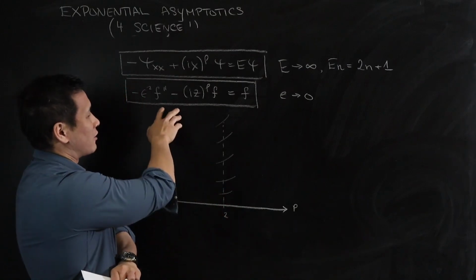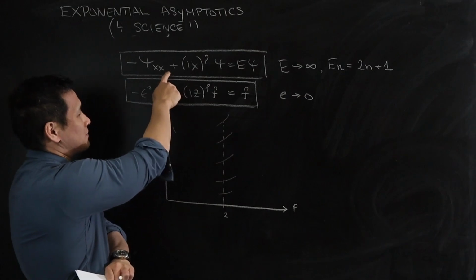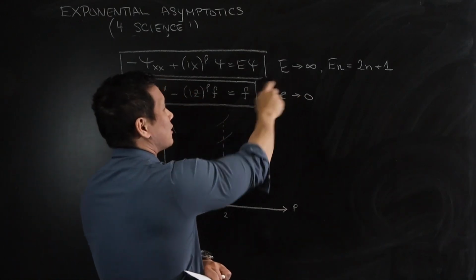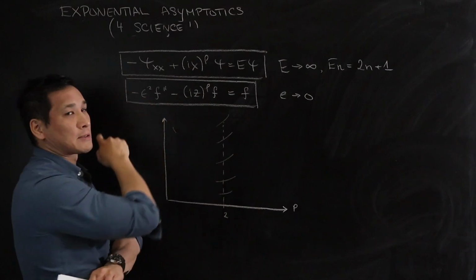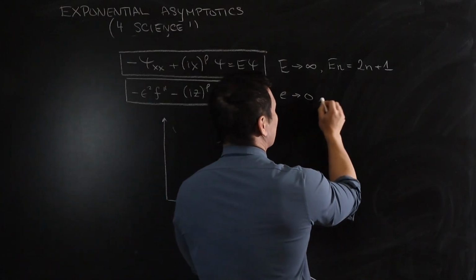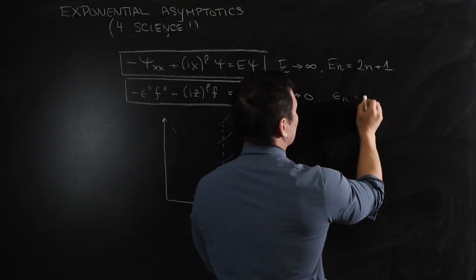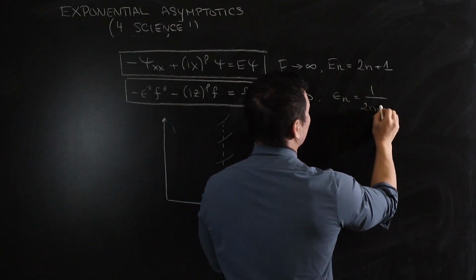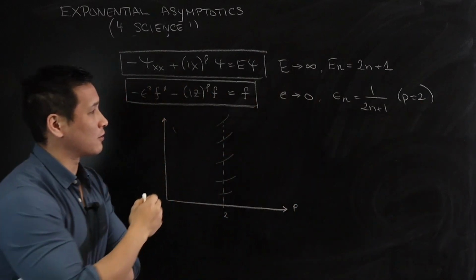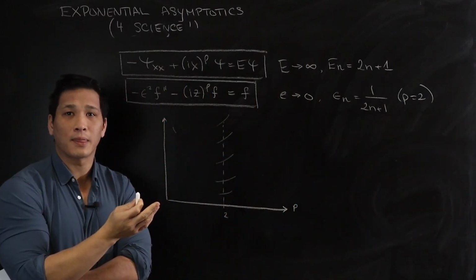We prefer later on to convert this problem in psi to a problem in f, where in the limit that e tends to infinity, this is equivalent to epsilon tending to 0. So the transformation then would give you that epsilon n is actually 1 over 2n plus 1. So again, this is only for the case that p is equal to 2. It's much more difficult when p is not equal to 2.